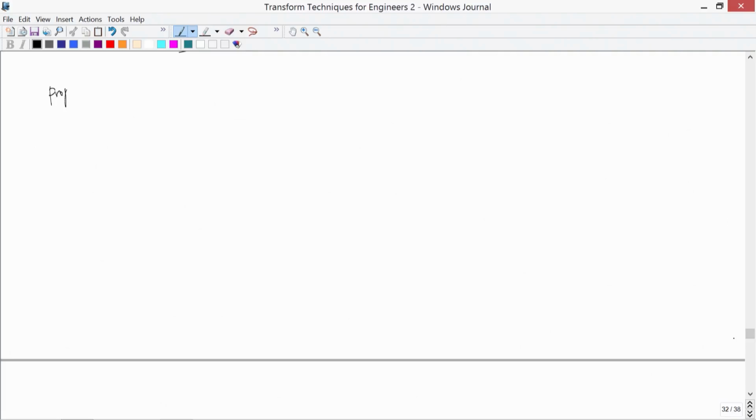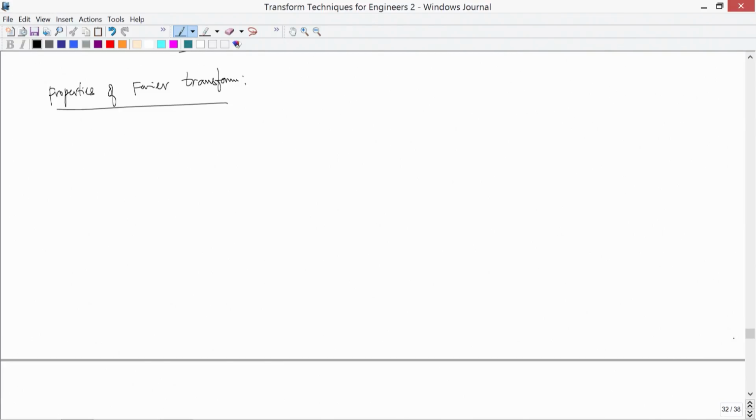Okay. So, let me give you the properties of Fourier transform. What are the properties which you have?